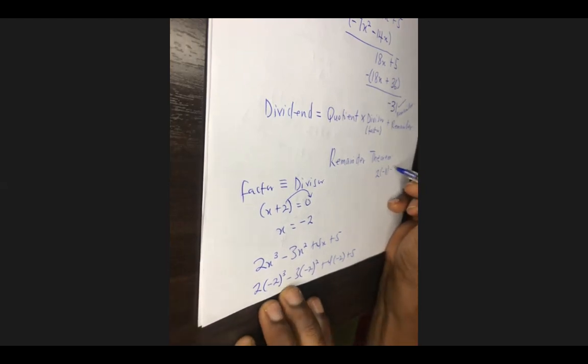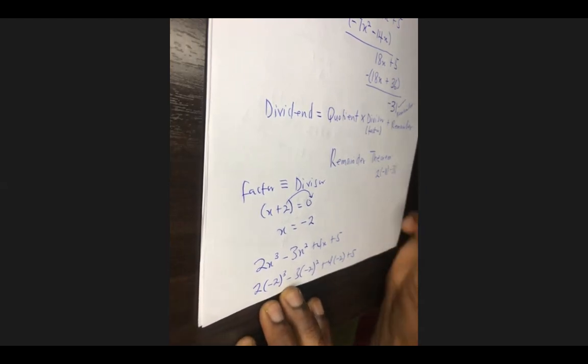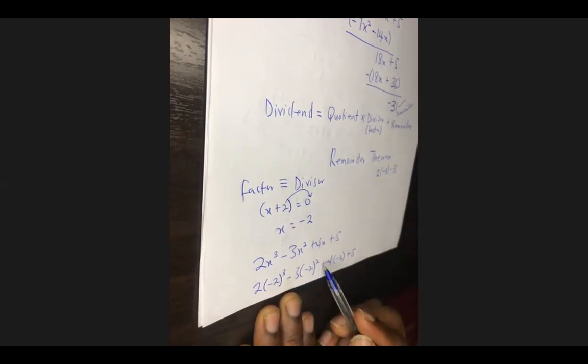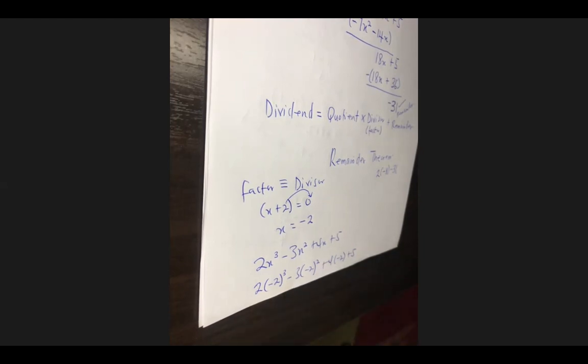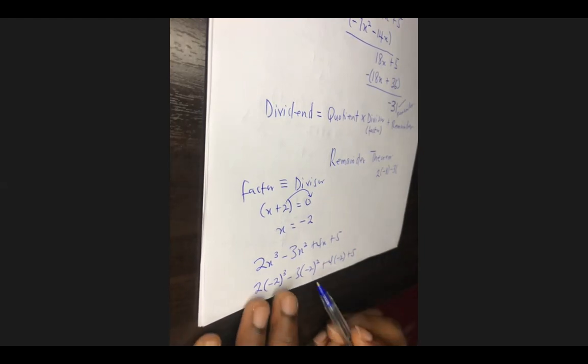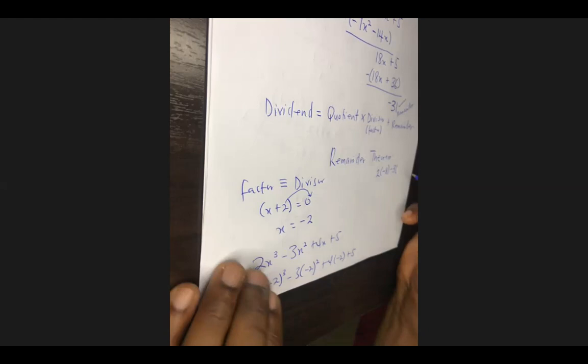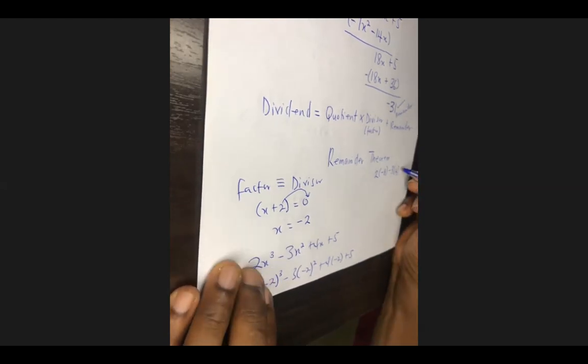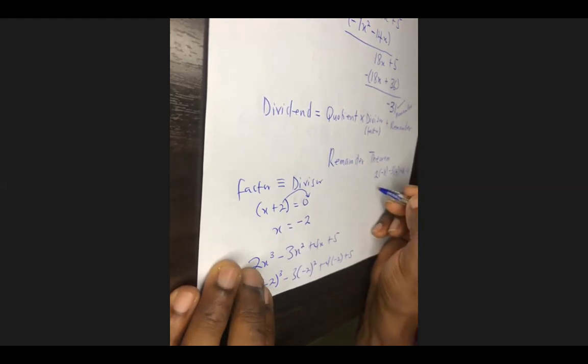Minus 3 into bracket. Now negative 2 squared. Because this square here is an even number, it means that we are going to get a positive. So negative 2 squared is positive 4. Plus 4 into bracket negative 2 plus 5.